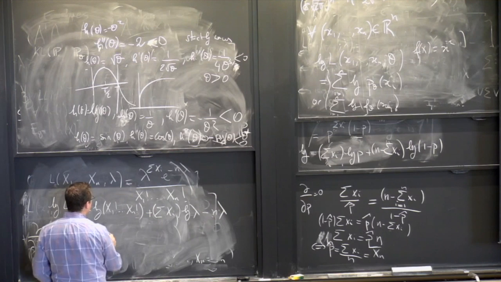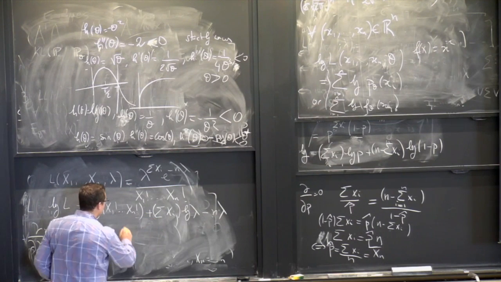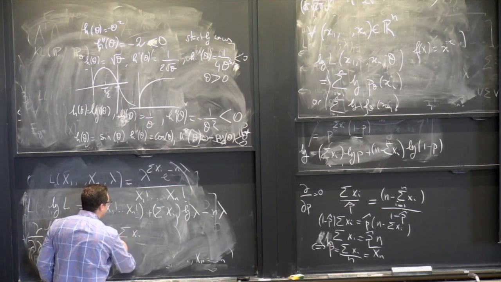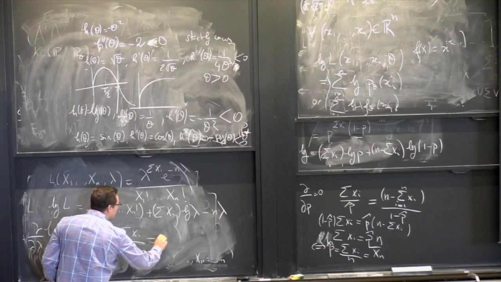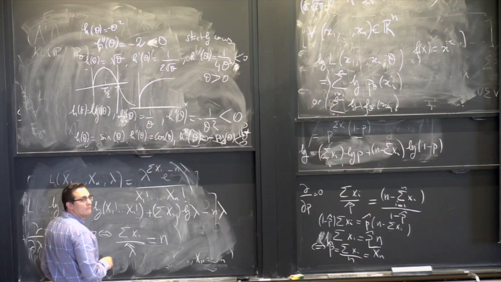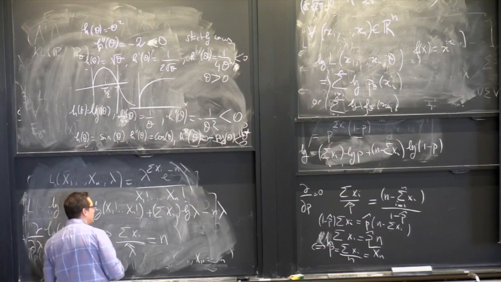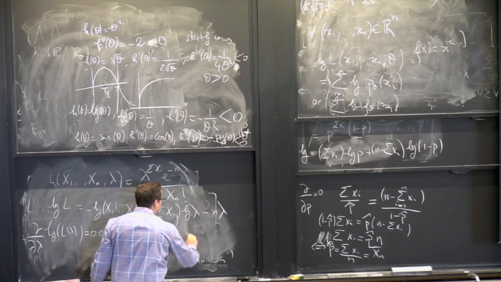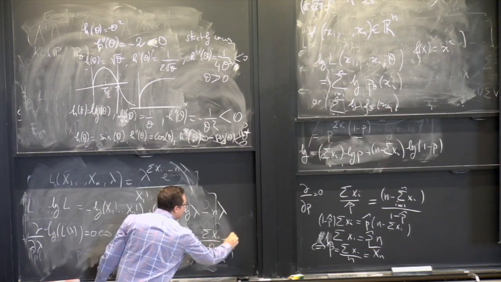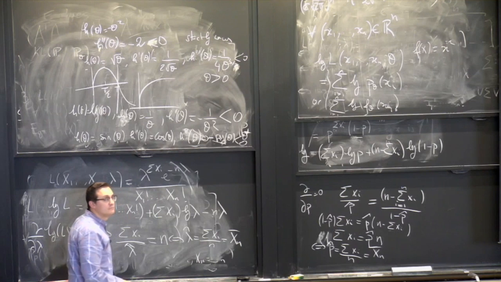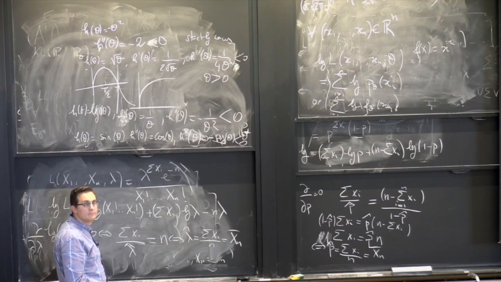This gives me sum of the xi's divided by lambda hat equals n, and that's equivalent to lambda hat equal to sum of the xi's divided by n, which is xn bar.